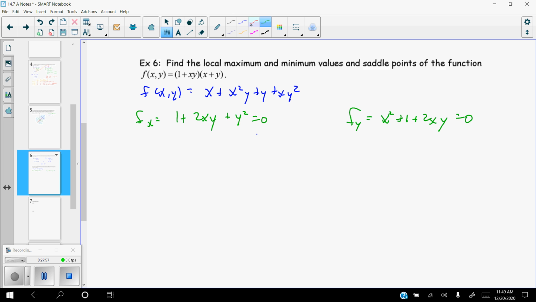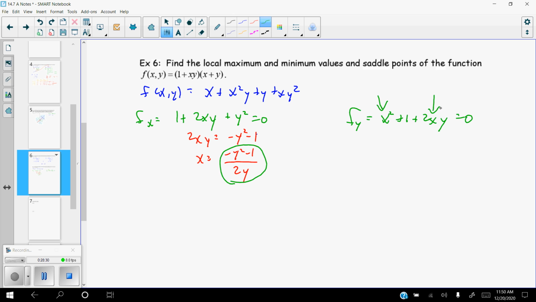So let's go ahead and solve this first one for x, which means we're going to get 2xy equals negative y squared minus 1. Divide both sides by 2y, you get that x equals negative y squared minus 1 over 2y. All right, that's actually pretty ugly to deal with, but that's what we have to deal with. So this is all going to get plugged into the x's right there.